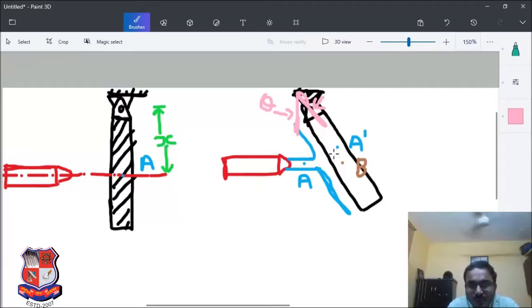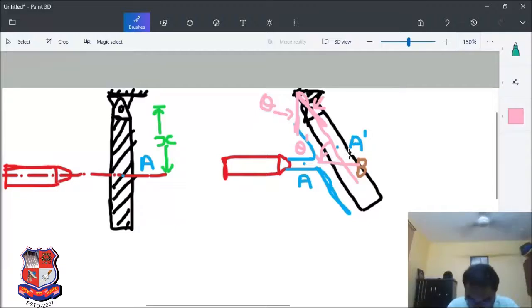Okay, and there is another angle. If we extend this and look at the axis of the nozzle, then this angle will be taken as theta prime. So this angle was theta and this angle is theta prime.